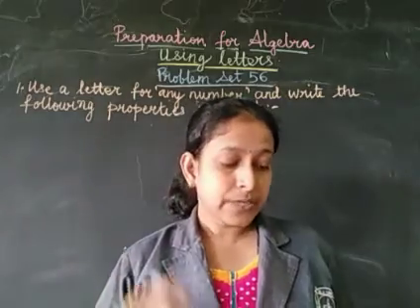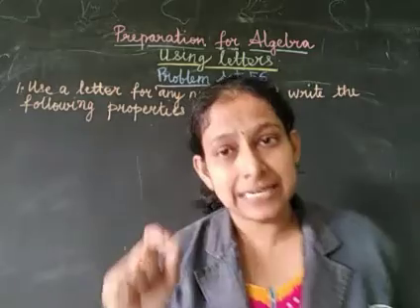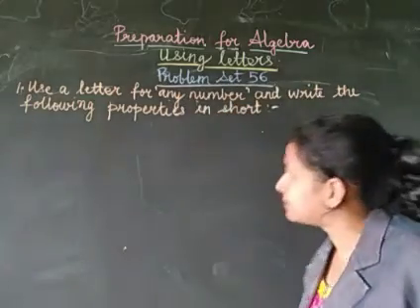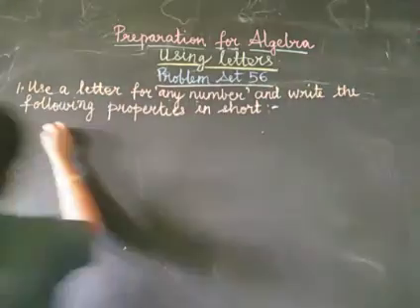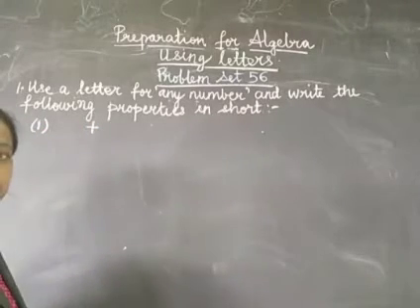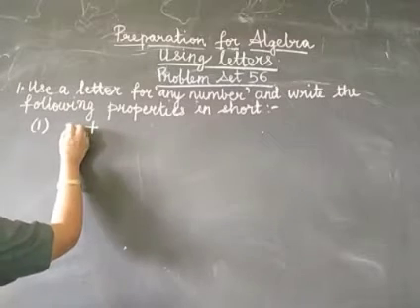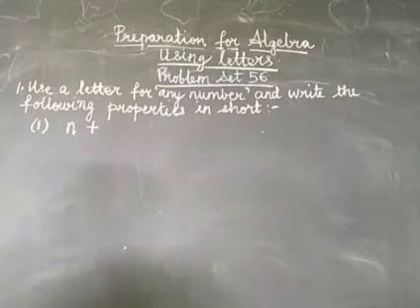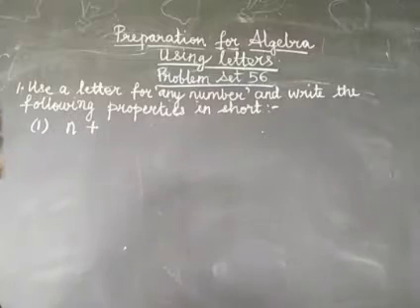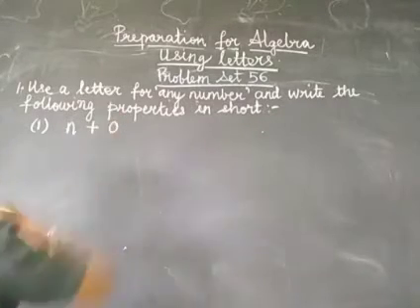Let's see, read. The sum of any number and 0 is the number itself. So let me write the first problem, which says that the sum of any number, let's suppose I will take a letter n as any number, and 0.